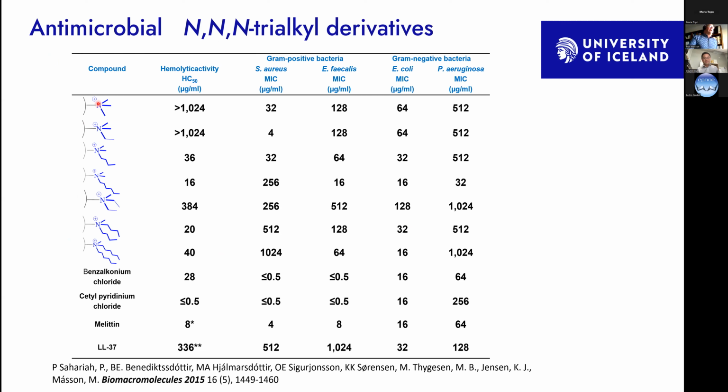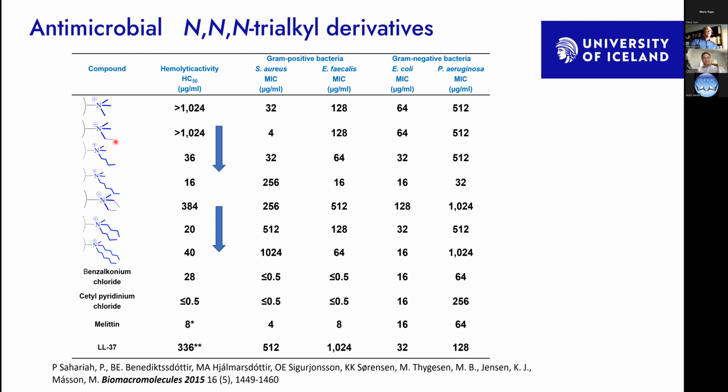And there we have here N-methyl, and then we gradually increase the length of the alkyl chain, to longer alkyl chains. And we get a very interesting structure activity relationship. First of all, the hemolytic activity, or what we could say is toxicity, increases very significantly with the length of the alkyl chain.